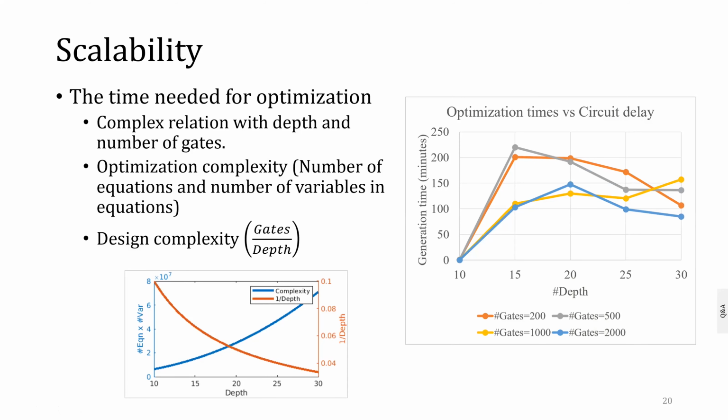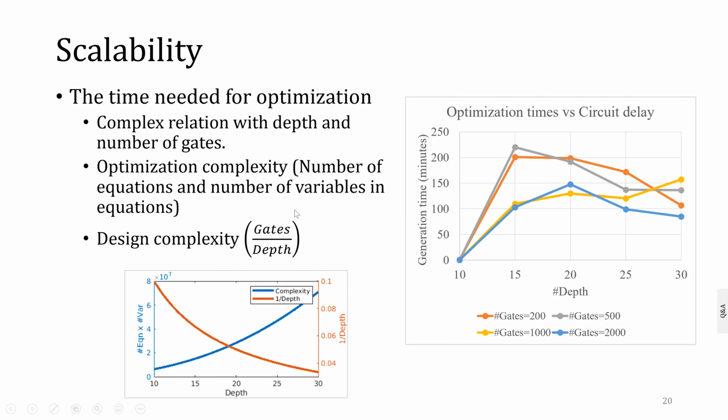If we look into the scalability of the optimization process, we can see that the time increases with depth, but after a certain depth, the time becomes more like saturated or sometimes gets lower with the depth. And the time does not vary much with the number of gates in the design. Now, this is a result of two complex situations.